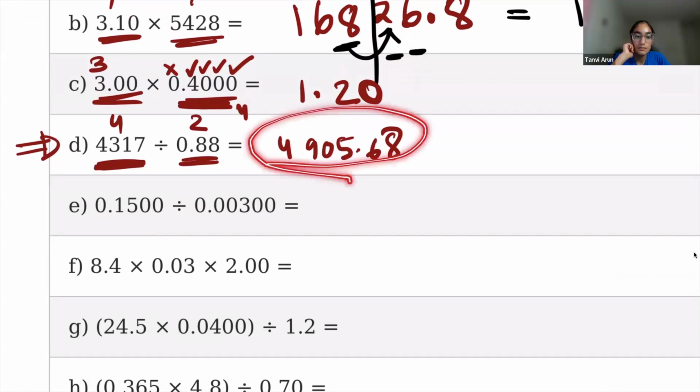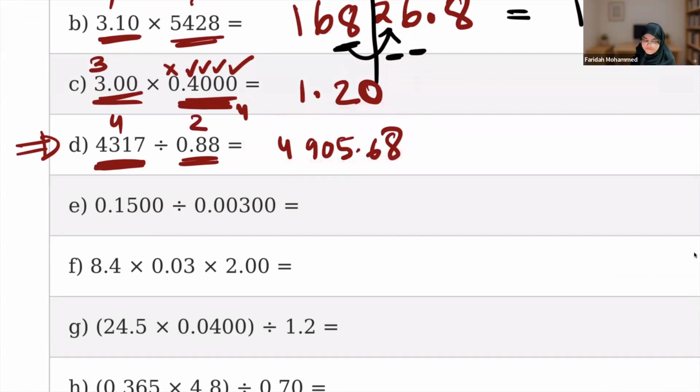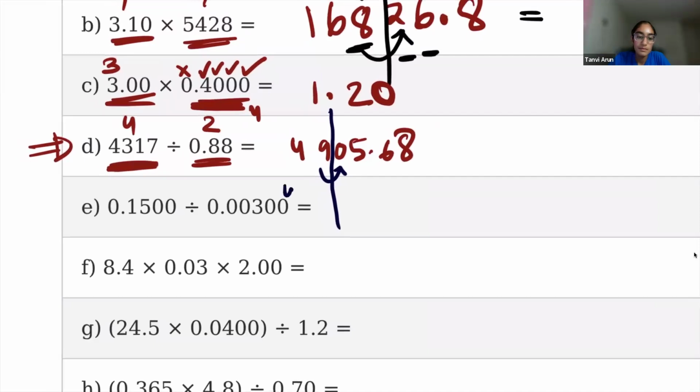So your answer needs to have how many sig figs? 2. Where does our 2 sig figs stop? Between 9 and 0. Then we look at the next number, which is 0, which is 5 and below. So what happens to the 9? It stays the same, 4, 9.